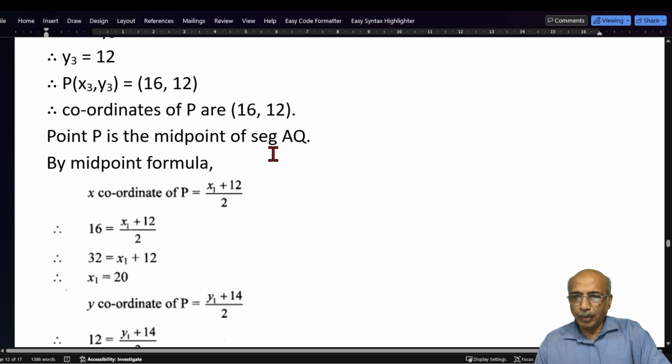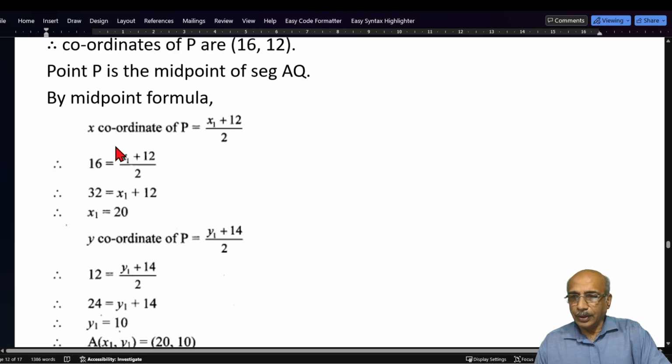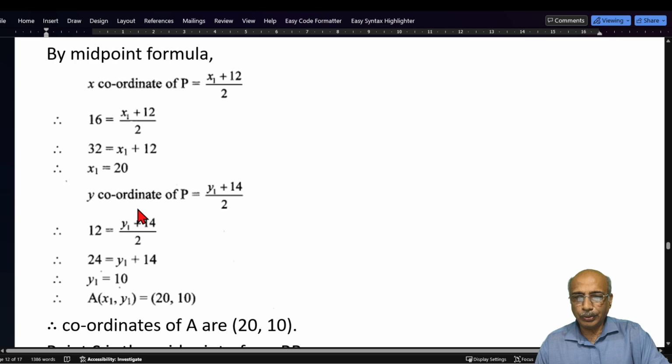Point P is the midpoint of segment AQ. In the diagram, you can refer. Therefore, by midpoint formula, x coordinate of P is x1 plus 12 upon 2. So x1 plus 12 upon 2 equals 16, cross multiply, 32 equals x1 plus 12, x1 equals 20.